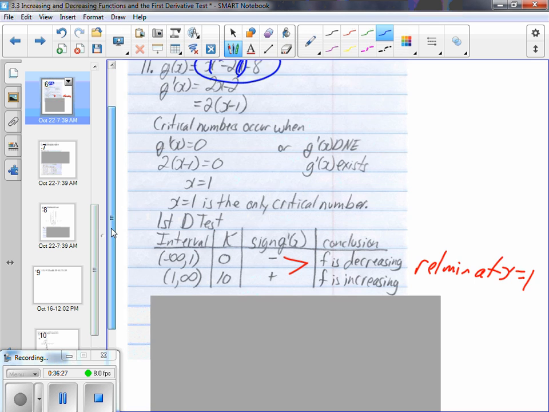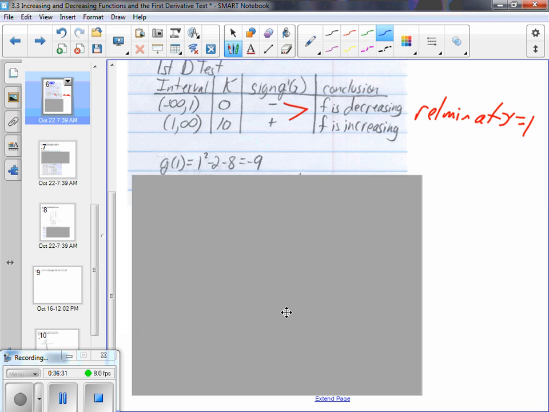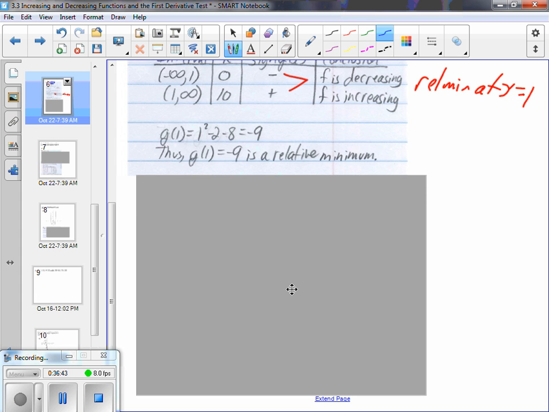I got -9. So there's just me working it out. G of 1 is 1 squared minus 2 minus 8, which is -9. So that means -9, which happens when x equals 1, means -9 is the relative minimum. Thus, I like it thus. G of 1 equals -9 is a relative minimum. You can put rel minimum. Fine.